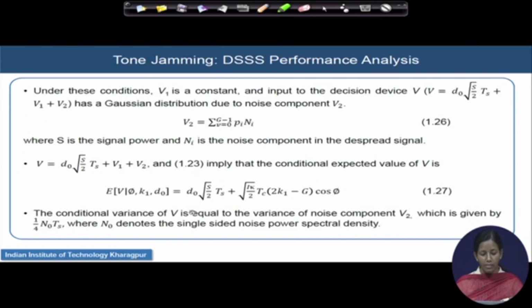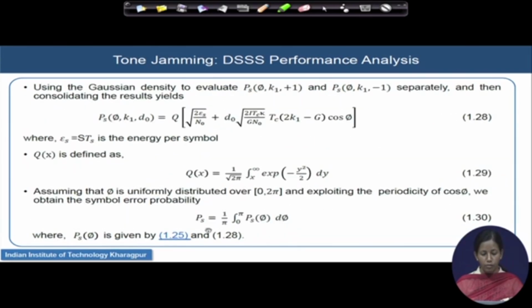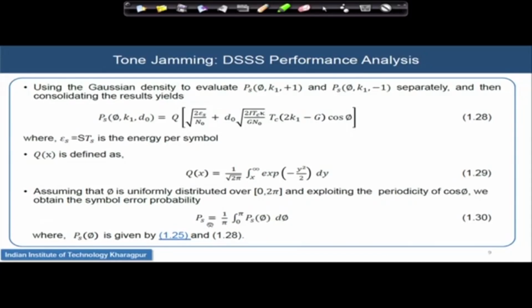The total symbol error probability will be given by the final integration of Ps phi over a zone of 0 to pi. Because of the periodicity of cos phi, there is no need to go from 0 to 2 pi, and averaging over pi will end up with the computation of the symbol error probability.